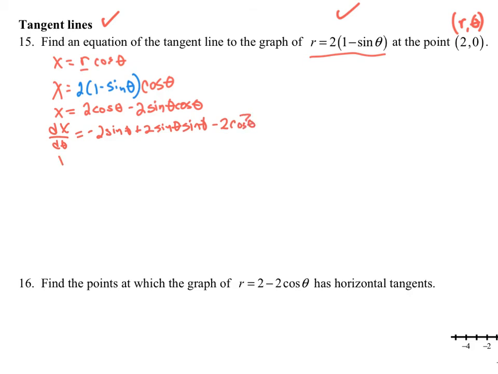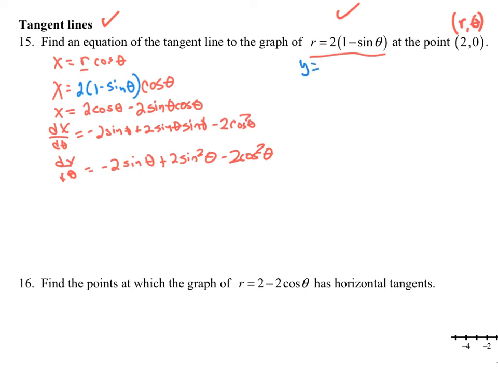So let me write this a little bit more legibly. dx/d theta is equal to negative 2 sine of theta plus 2 sine squared of theta minus 2 cosine squared of theta.